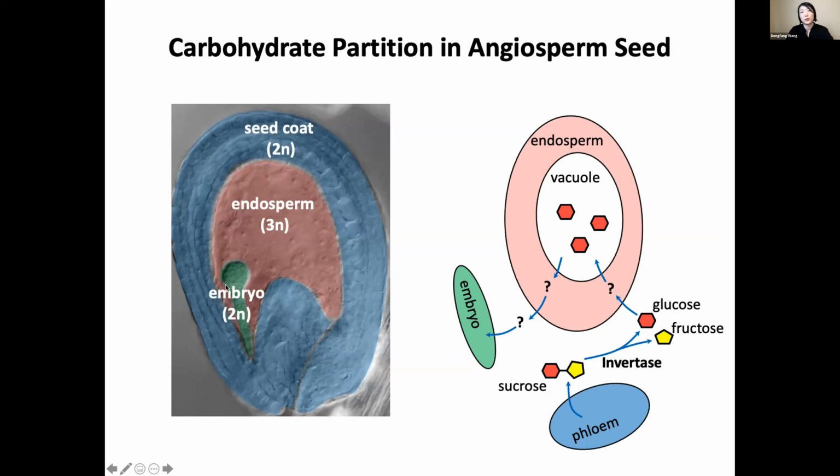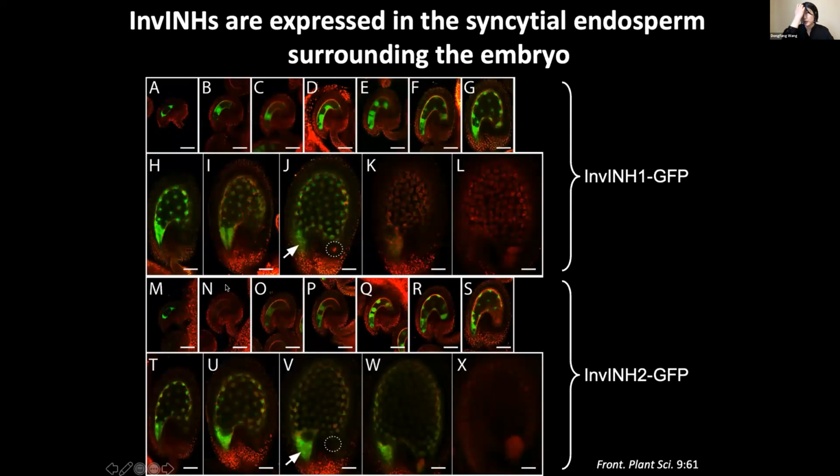To make the story short, what we discovered, which we published in 2018, are two putative invertase inhibitors. Here you're looking at a promoter GFP fusion. You can see that those two genes are both expressed during the syncytial phase in the endosperm, and their expression is higher in the micropylar region.